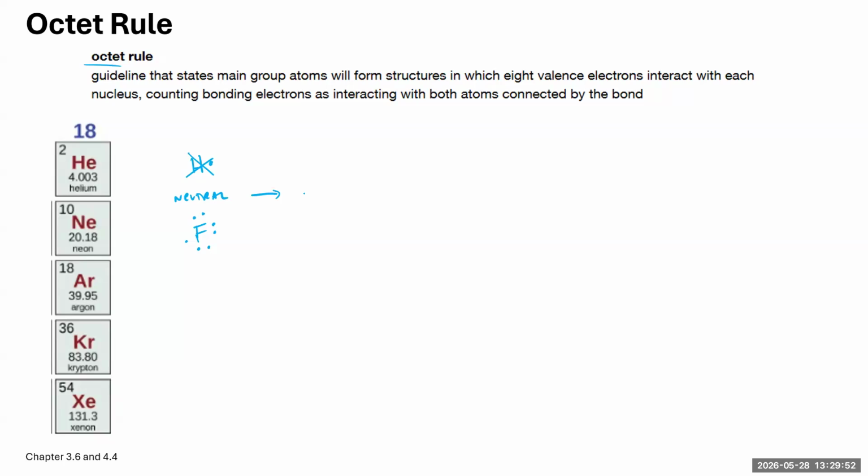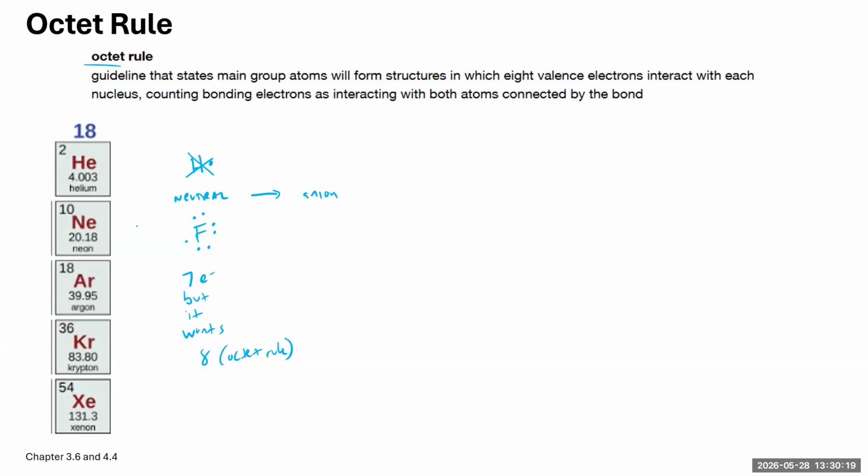And this is an ion. It's a cation. Or sorry, this is going to be an anion. An anion is going to be a negative charge, right? Because this has seven electrons, but it wants eight, and that's the octet rule.